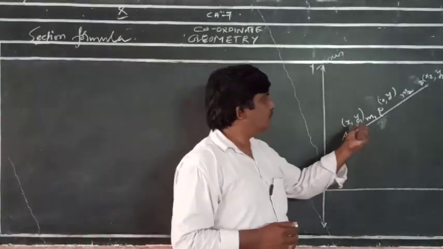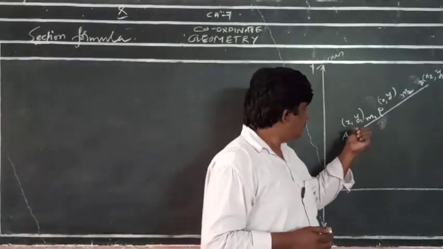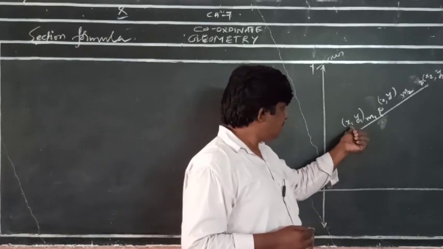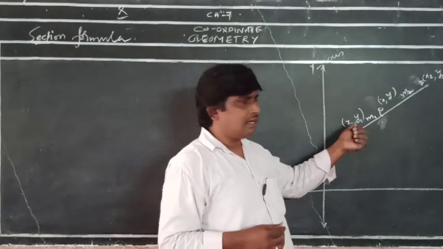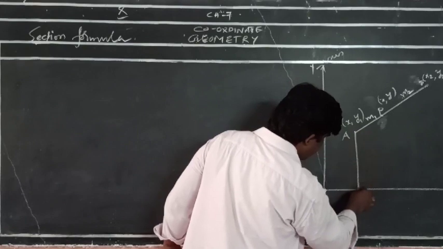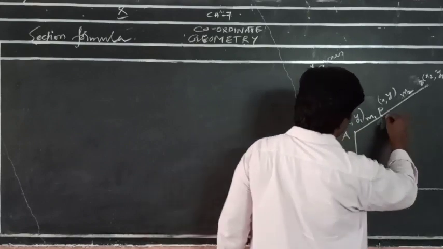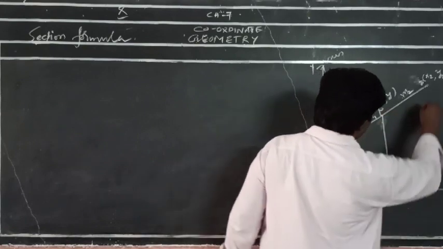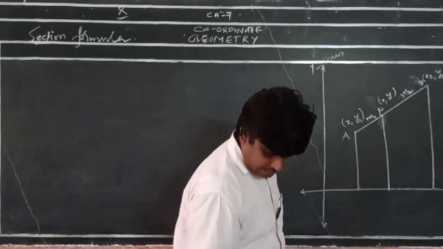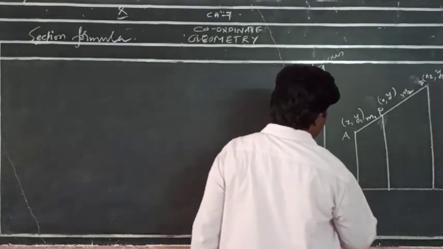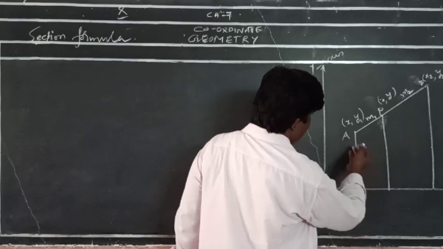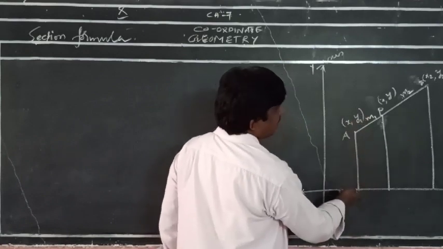Before going on, what do you mean by x1, y1? x1 is the distance from the y axis and y1 is the distance from the x axis. So if you draw like this, this is the distance of x1 units, and here to here the distance is y1 units.